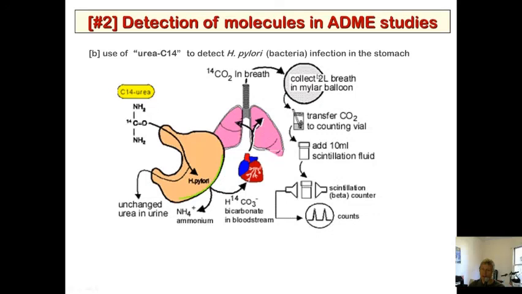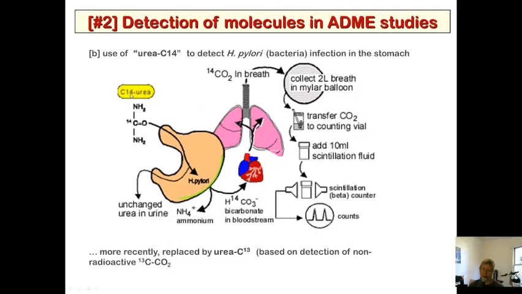And then you blow out into a balloon, and there's a couple steps of processing into a scintillation counter, and that detects if you have C14 CO2 in your breath, which would be an indication that you have this stomach infection. So it's a kind of pretty cool trick to figure out if you have infection.